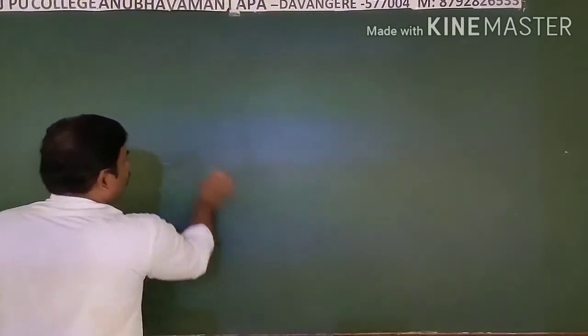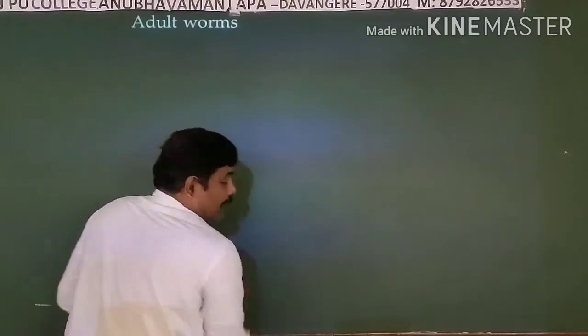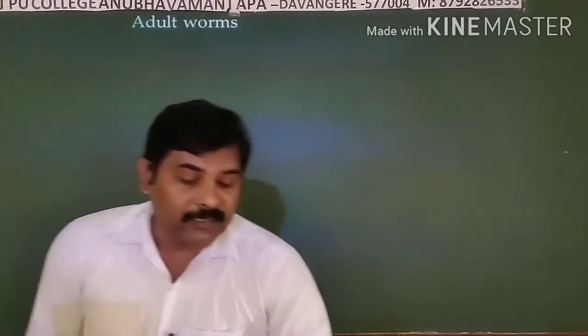The life cycle of the parasite. First, the adult worms are present in our small intestine.